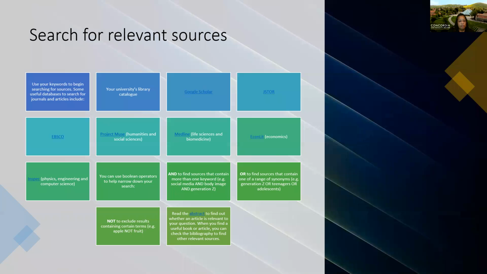You've already searched for relevant resources using the university library and the databases that we have available, and you also used the Boolean operators and, or, not. And then it was important that you read over the abstracts because that helped you to determine if the article was something that was going to assist you with your themes.